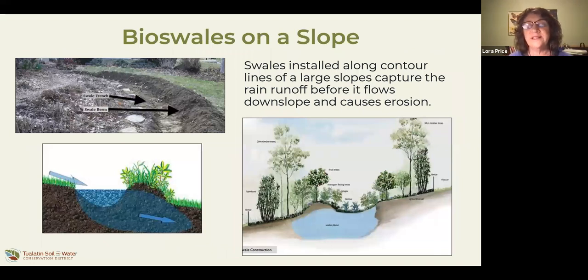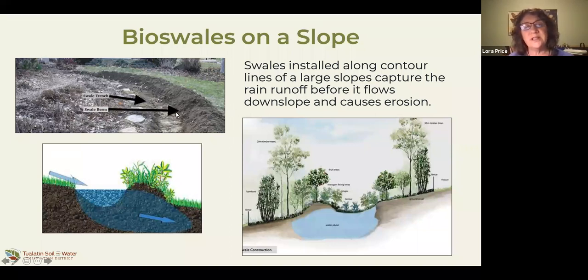And one more example of how you might use a bioswale, and I imagine this being used on a larger hillside slope or larger properties. Essentially what they're doing is cutting a swale along the contour, so that's perpendicular to the way the water would want to flow.